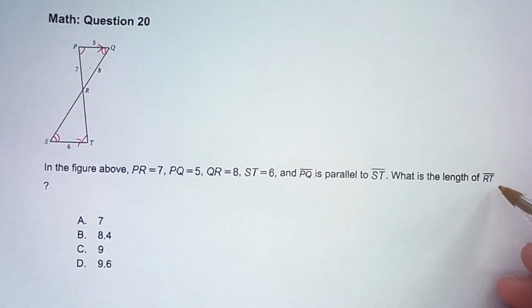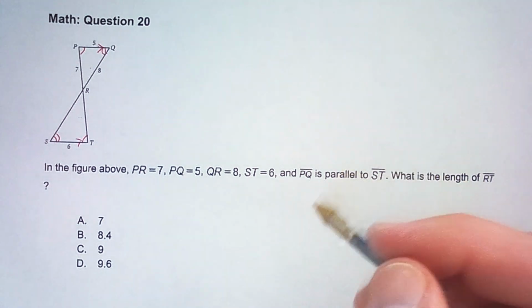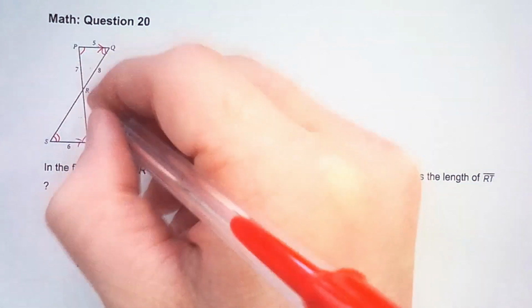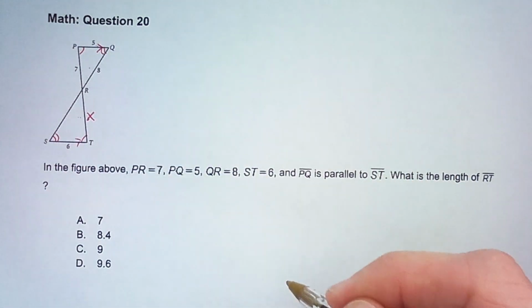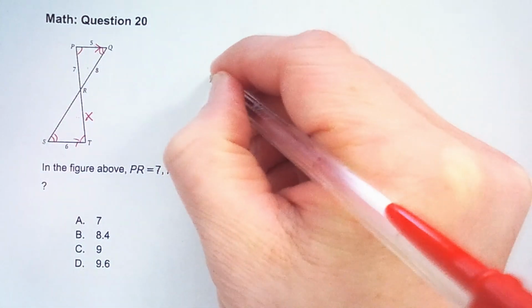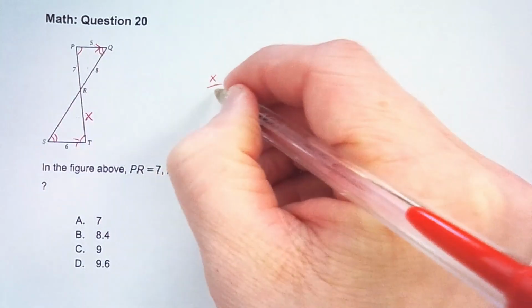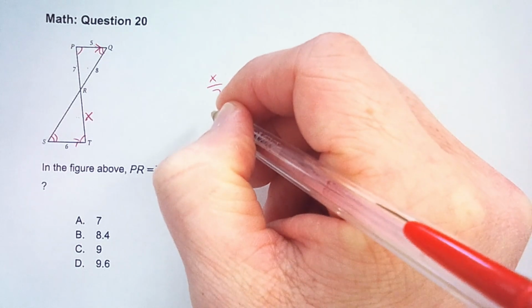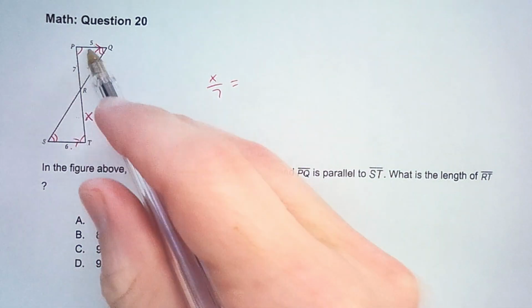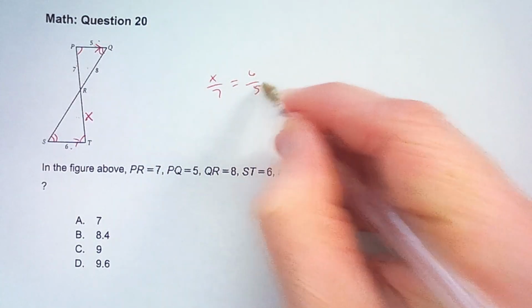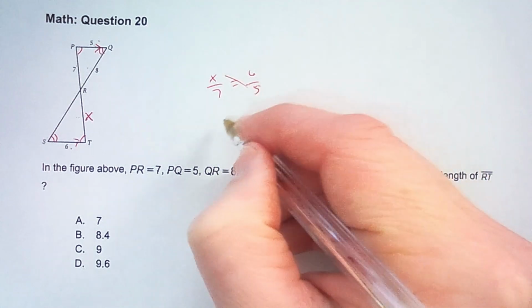So we can use a proportion to find the length of segment RT. Okay, so for segment RT, I'll put an X right there, and I will use a proportion. X is to 7 as 6 is to 5.